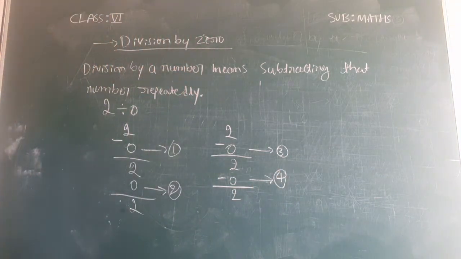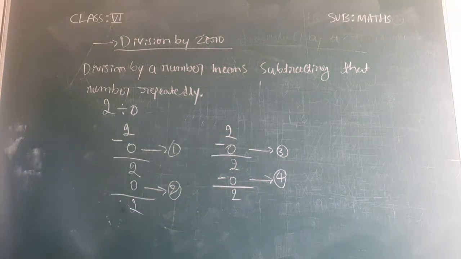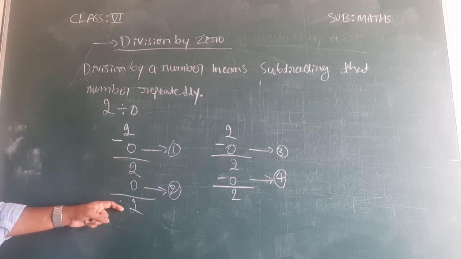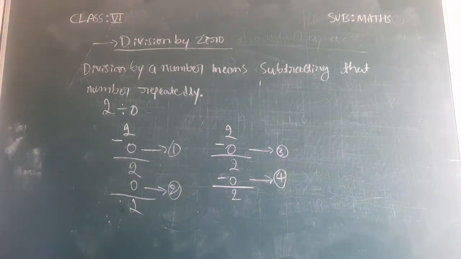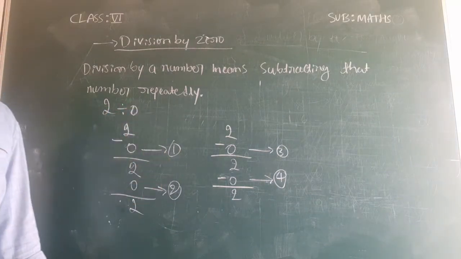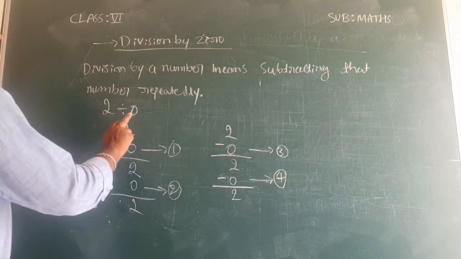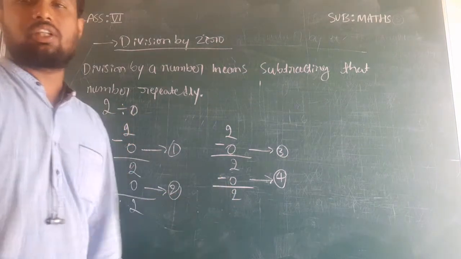You can see here totally 4 times I subtracted, and we got 2 in the first step, 2 in the second step also, and in the third and fourth steps, totally we got 2 only. We are not getting any other answers. Like this, if you repeatedly subtract 0 from 2, again and again you will get 2 only.